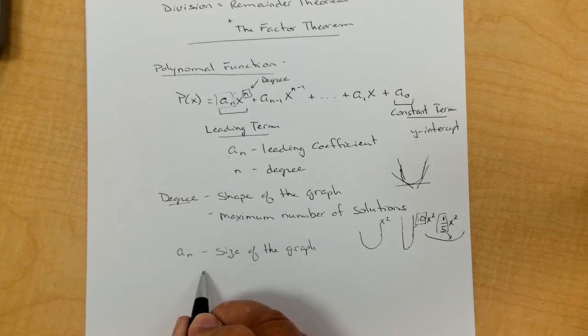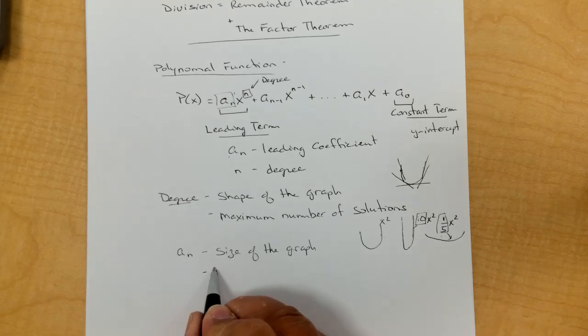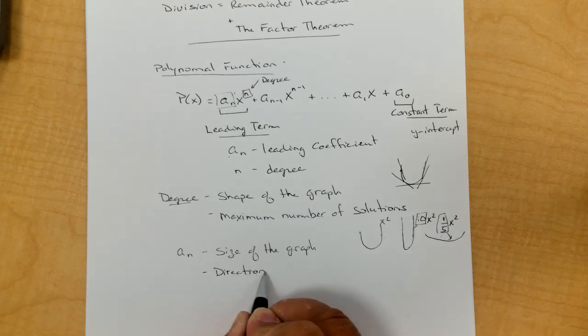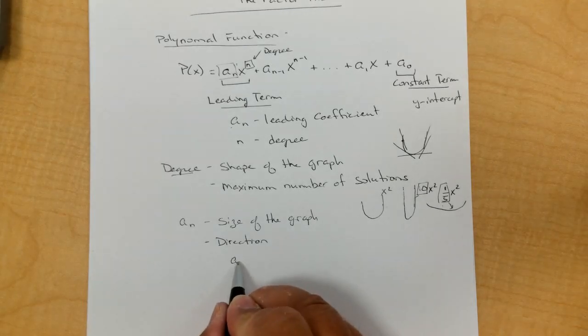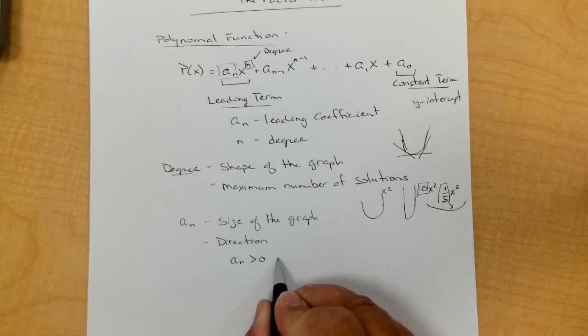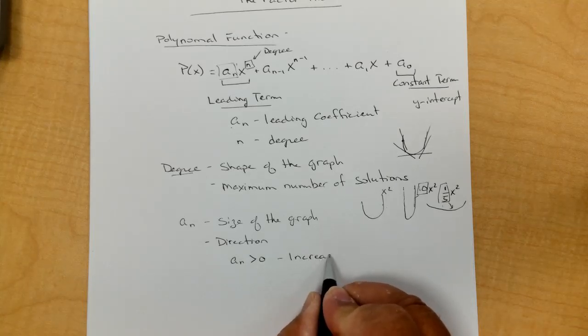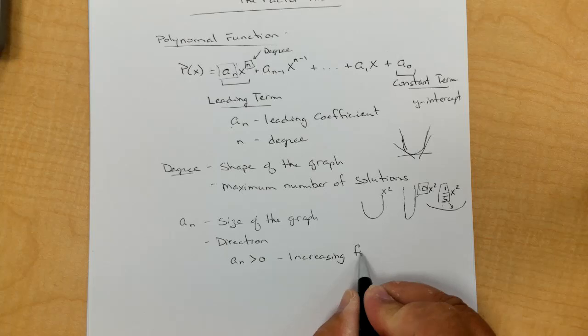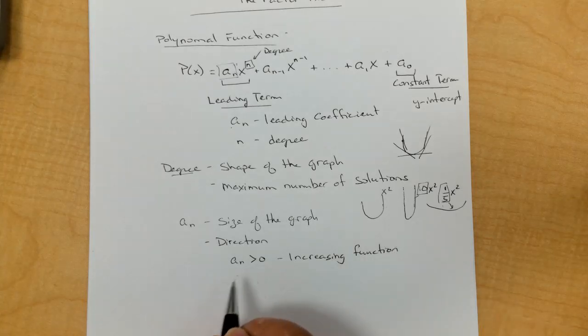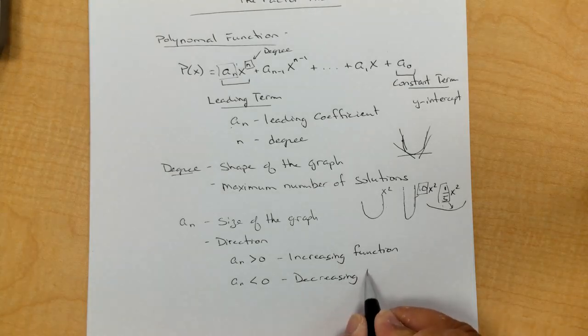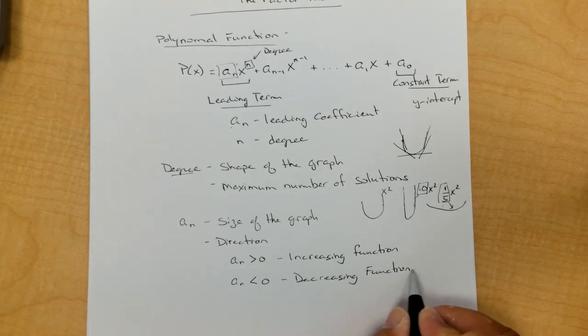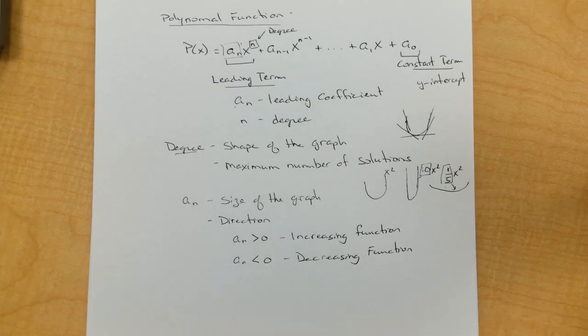It tells us the direction. If a sub n is positive, it's an increasing function. If a sub n is negative, it's a decreasing function. Now we have to remember what increasing and decreasing means.